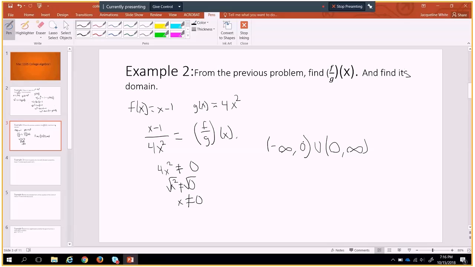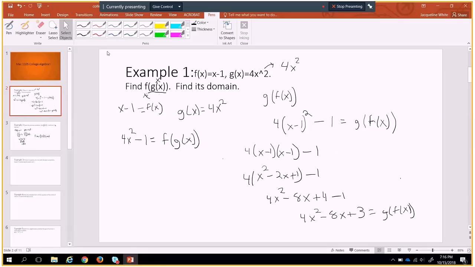Okay, so let's go back to the first problem because we didn't answer something, which was to find its domain. We found that f of g of x was equal to 4x squared minus 1. One special thing about polynomials is that their domain is all real numbers.